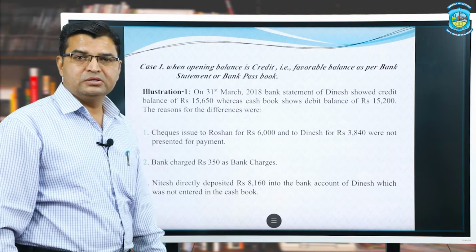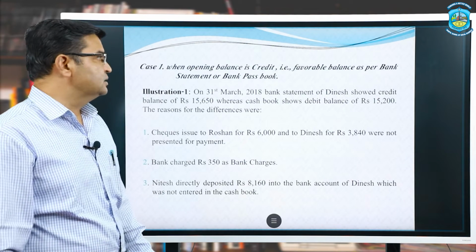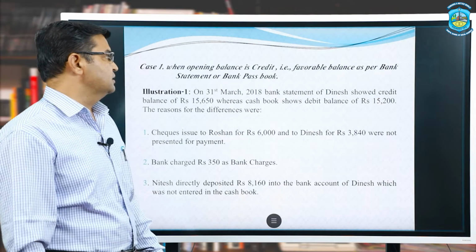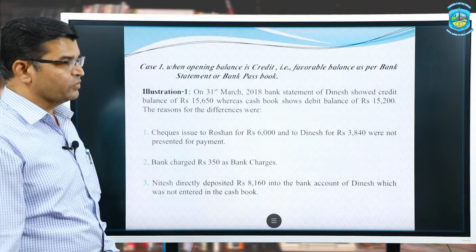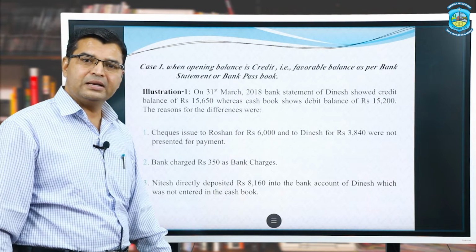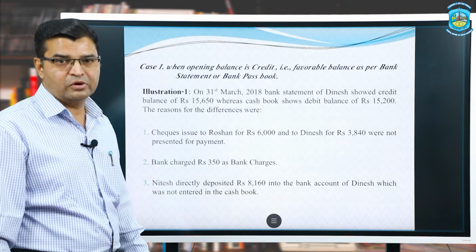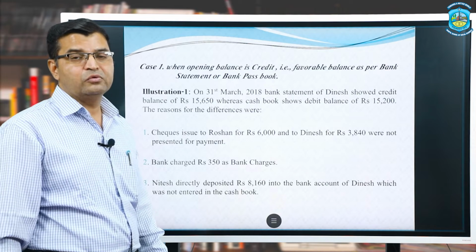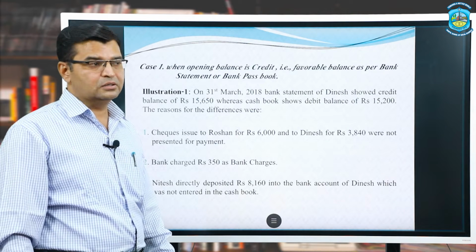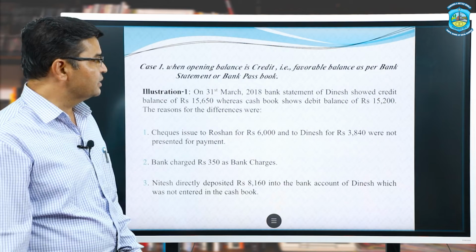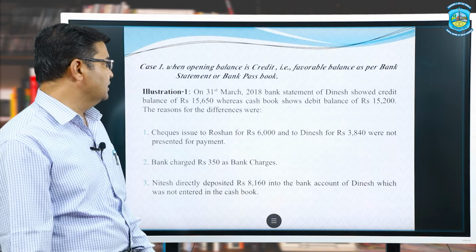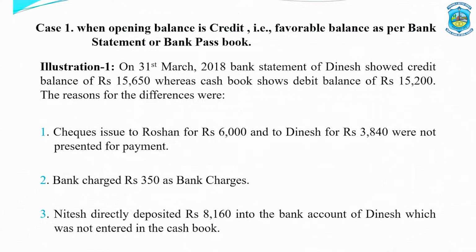In the previous lecture, we had discussed favorable or unfavorable balances from the point of view of the cash book. Today we are going to understand the balances. In the first case, when the opening balance is credit, that is a favorable balance as per bank statement or bank passbook.